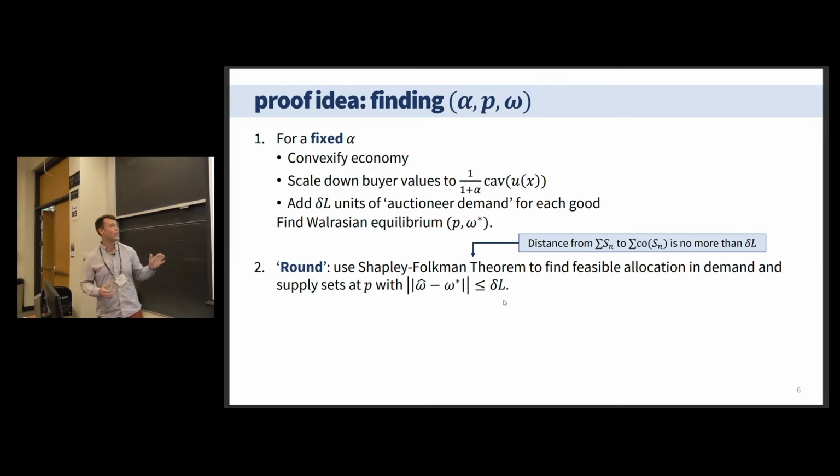The problem with the allocation we obtained in the first step is that it may have been infeasible for some buyers. Now we ensure that it's feasible for all agents, and moreover, it's demanded and supplied given those prices.